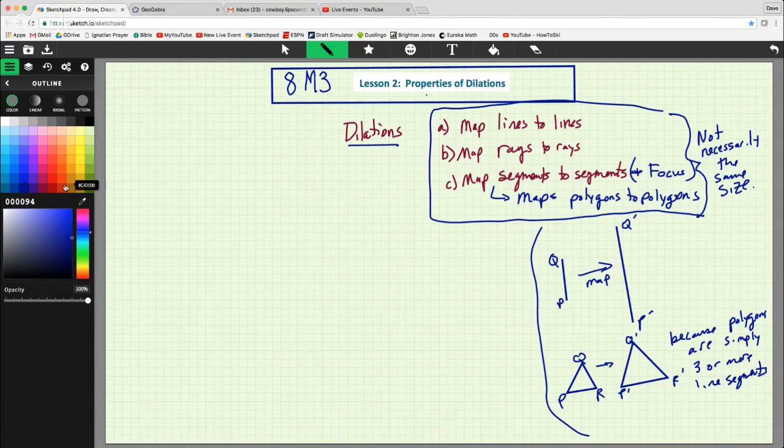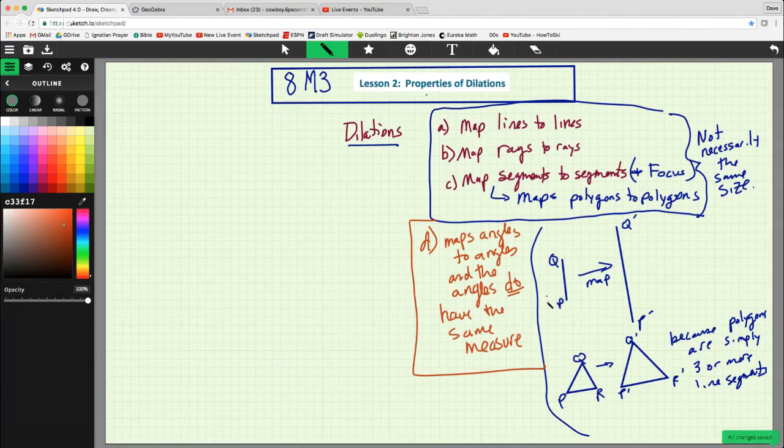Now the final piece, the final rule, and let's see if we can find the same color here. Maybe it's this color. D is it maps angles to angles, and the angles do have the same measure, and we'll see that.